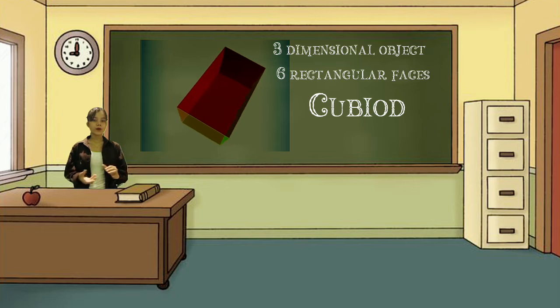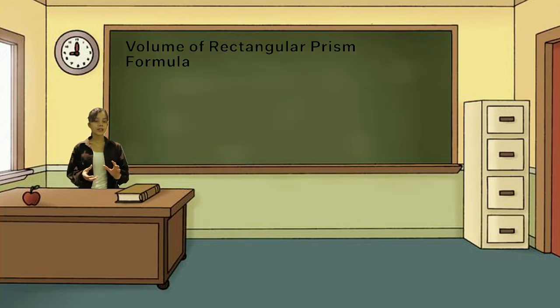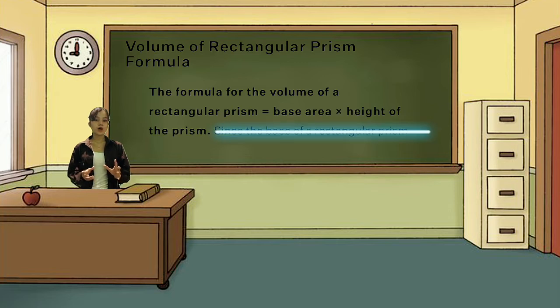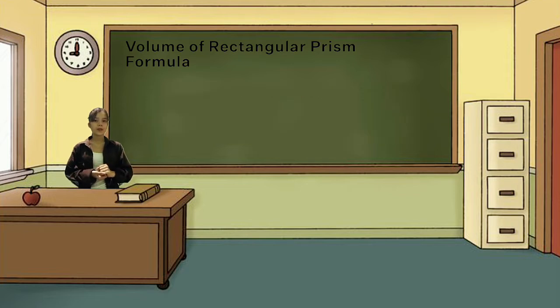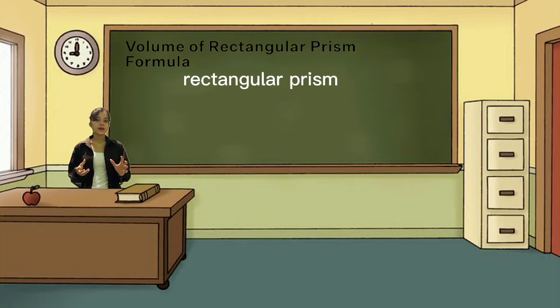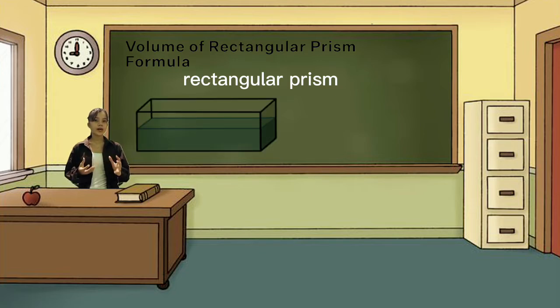So now let's talk about the volume of a rectangular prism formula. The formula for the volume of a rectangular prism is equal to base area times height of the prism. Since the base of a rectangular prism is a rectangle, its area will be L times W, or length times width.